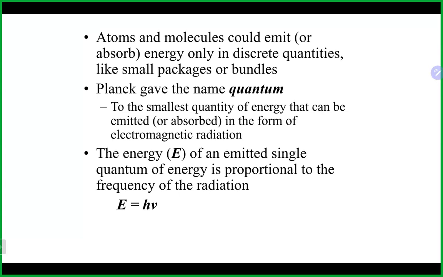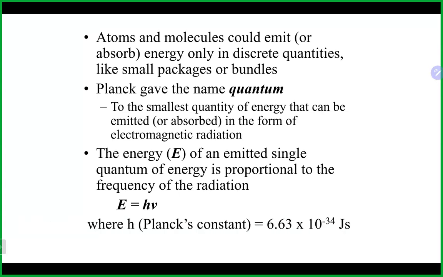Now, when we talk about a quantum of energy, we could actually calculate the energy associated with it by using this equation here, which is E equals h times the frequency. h is Planck's constant, and that's another number you should know, and that is 6.63 times 10 to the minus 34. Those are joules times seconds.